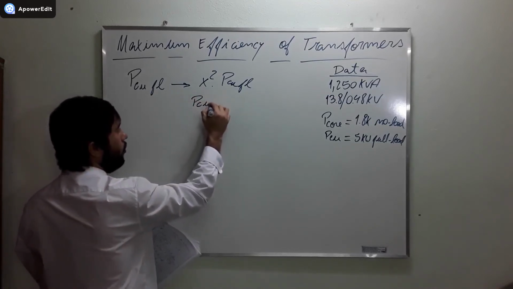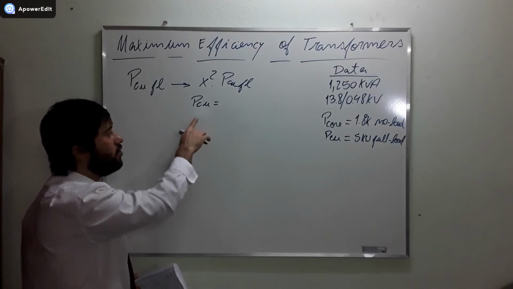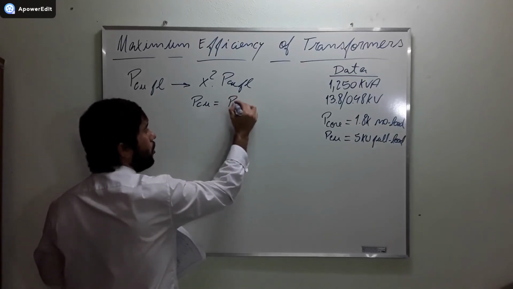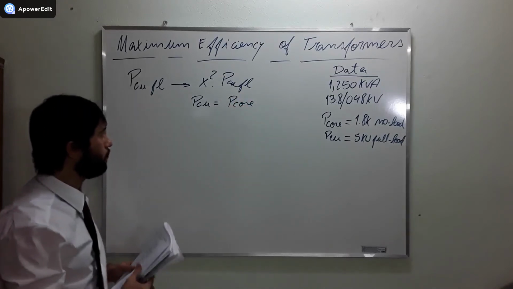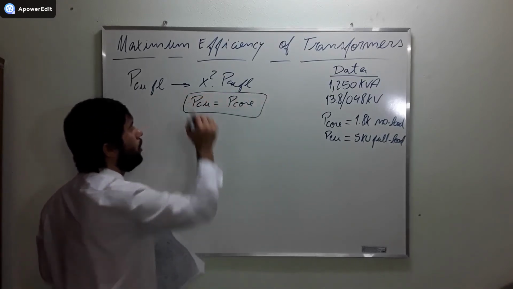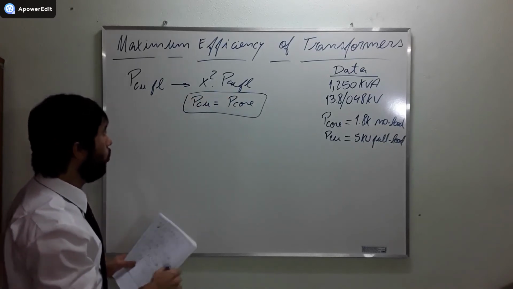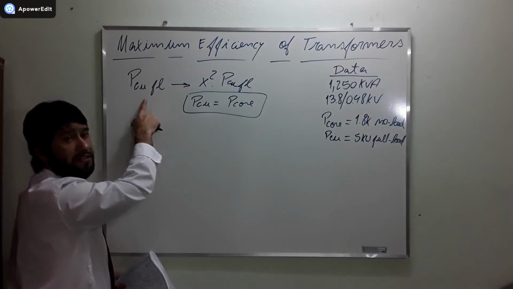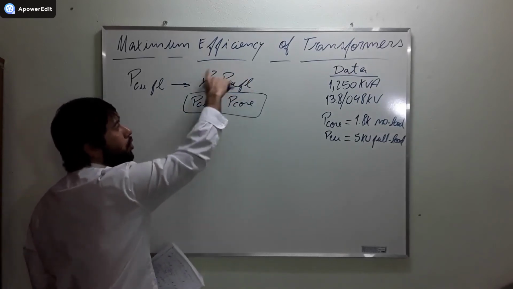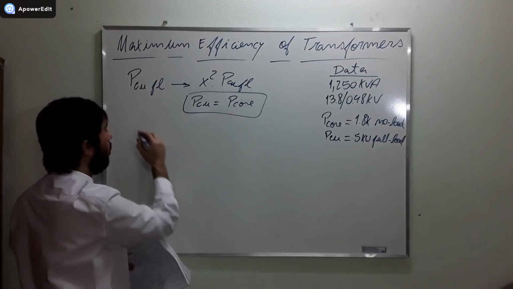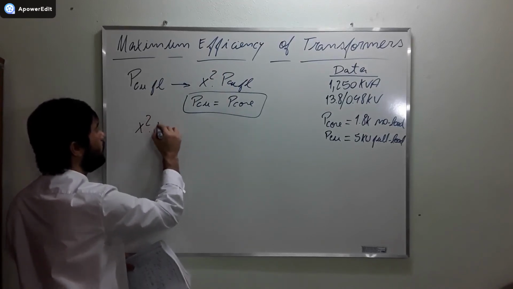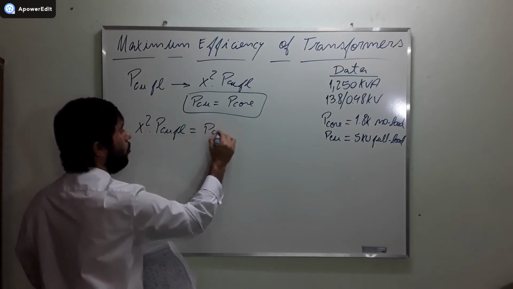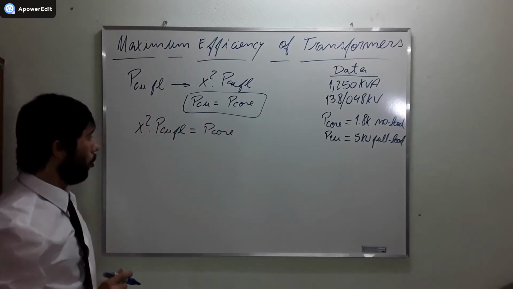Knowing this, we can go ahead. We have already concluded that the maximum efficiency is reached when the copper losses are equal to the core losses. So this is what we are going to use. We want this portion here, not the copper losses at full load, to be equal to the core losses. So X squared times P_CU,FL equal to P_core.